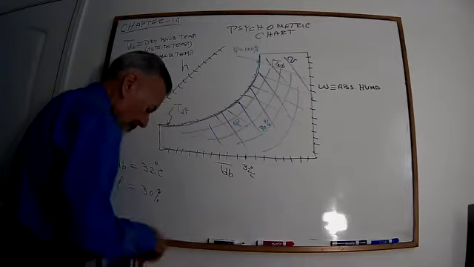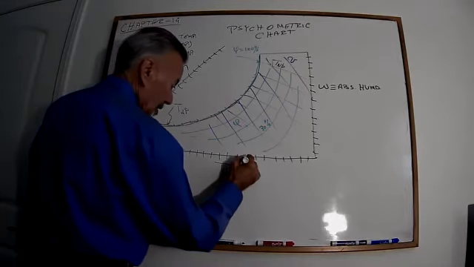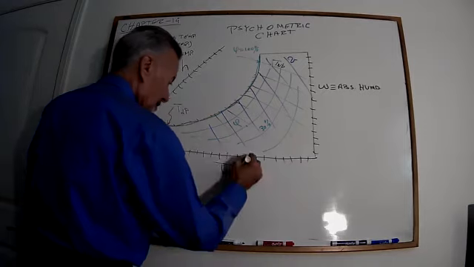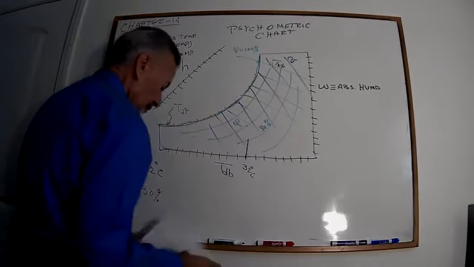So what I do, I just draw a line perpendicular to this axis until I hit the 30% relative humidity.